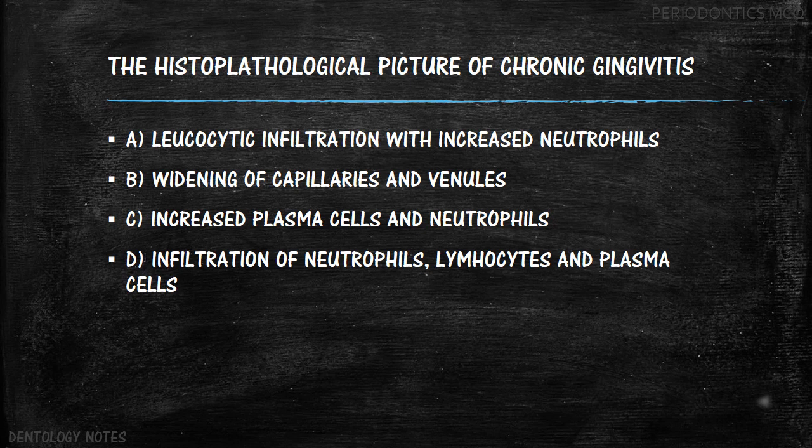The histopathological picture of chronic gingivitis: A. Leukocyte infiltration with increased neutrophils. B. Widening of capillaries and venules. C. Increased plasma cells and neutrophils. D. Infiltration of neutrophils, lymphocytes and plasma cells.